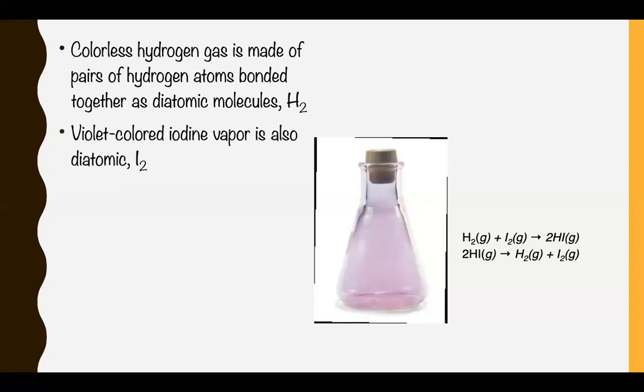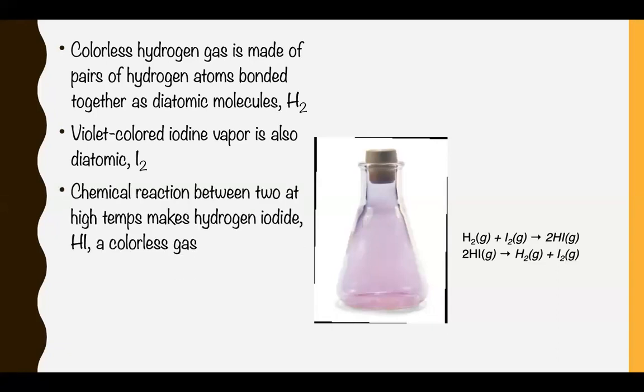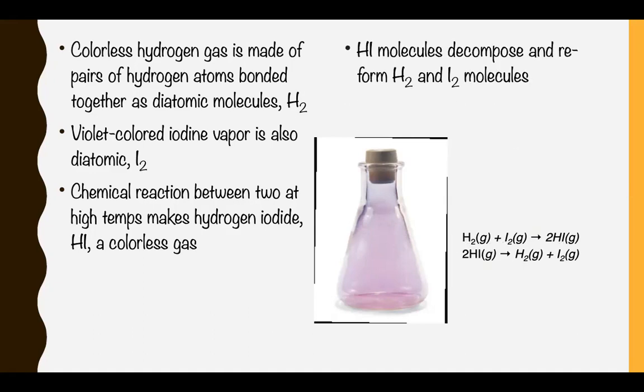Iodine vapor is also diatomic and it is purple. The chemical reaction between these two at a high temperature makes hydrogen iodide, HI, which is a colorless gas. Now, this reaction is reversible, and the hydrogen iodide molecules will decompose and reform hydrogen and iodine gas.